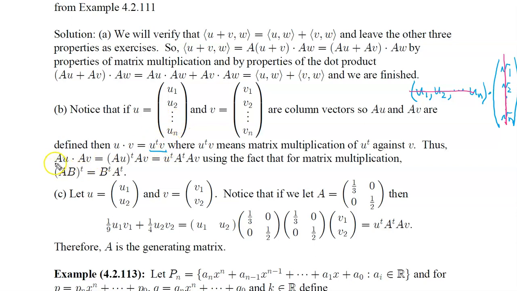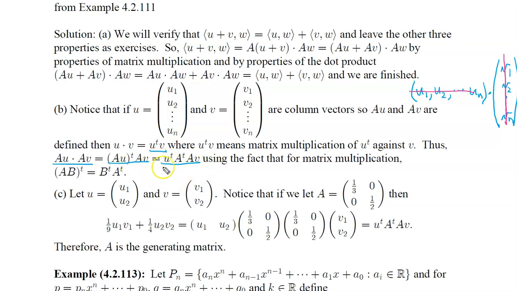So what we then have is Au dot Av, that's just going to be (Au) transpose times Av, where this is now all matrix multiplication. And (Au) transpose is going to be u transpose times A transpose, and then times Av. And we have just proven the result that we wanted. So Au dotted with Av can just be written as u transpose A transpose times A times v. And that's it.